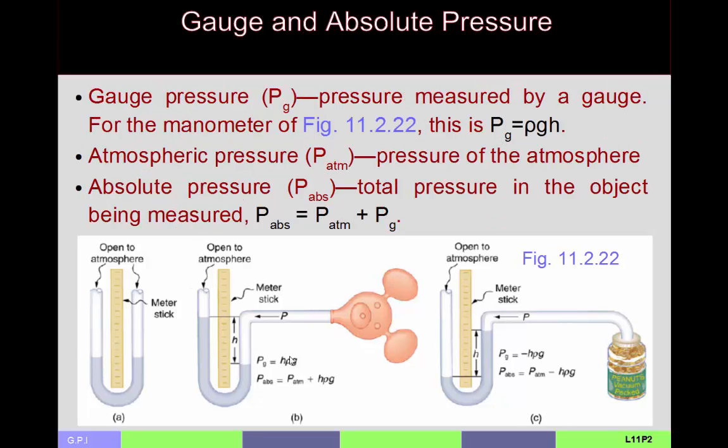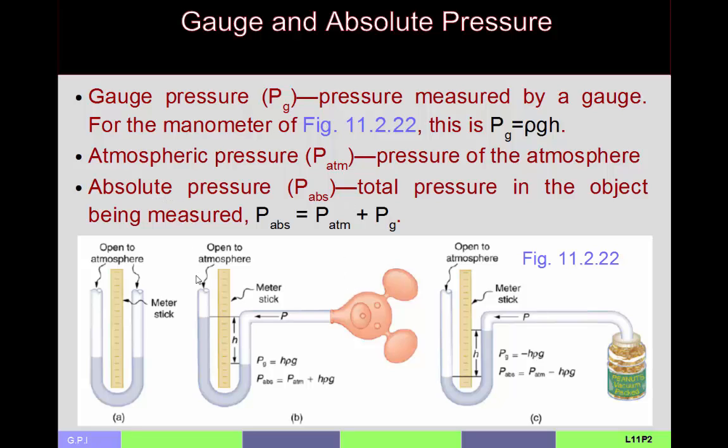And so gauge pressure, which is being measured by a gauge, is usually given by some function. In the case of a manometer like this one, it's going to be rho times g times h, where rho is the density of the fluid used, g is free fall acceleration, and h is how much the fluid level rises on the end open to atmosphere with respect to the one that's attached to the thing whose pressure is actually being read.